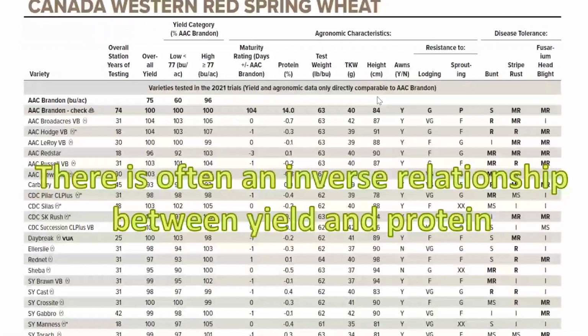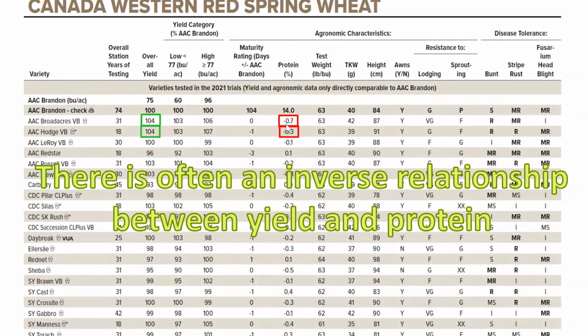So here we've got our protein column, and you can see that Brandon is listed at 14%, and Broad Acres has a nice high yield, but there's that bit of a protein reduction with that. Whereas Hodge, you can see again 104% of the check in the overall yield, but its protein reduction is minus 0.3. So if you're struggling with protein, Hodge might be an option to be looking at.